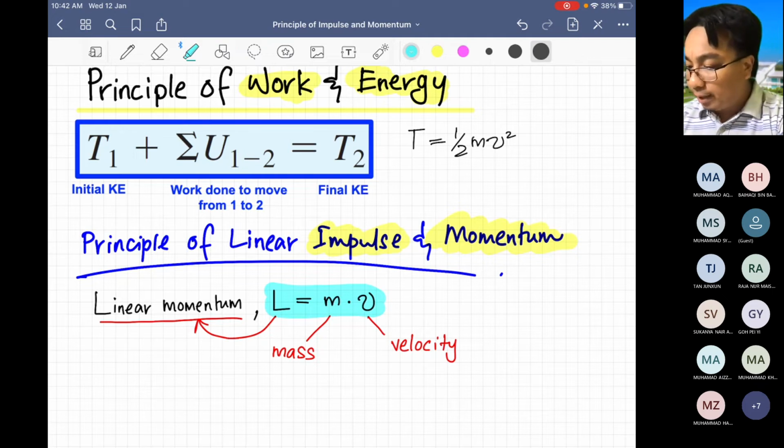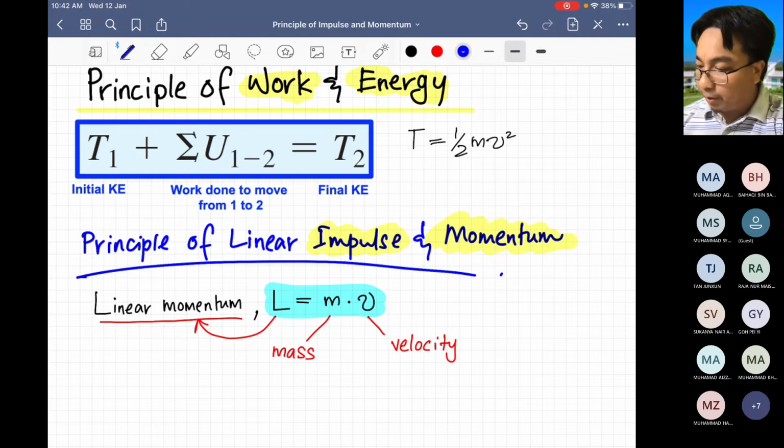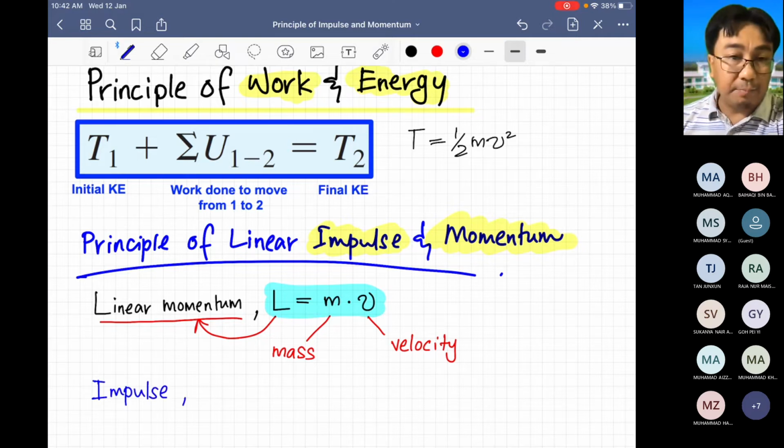Now let's look at the impulse. How do we calculate impulse? Does anyone know how to calculate impulse?